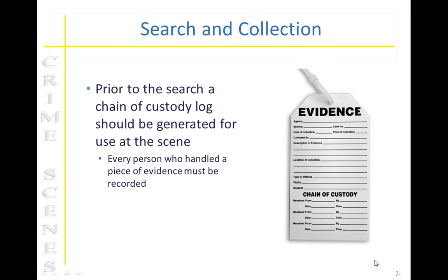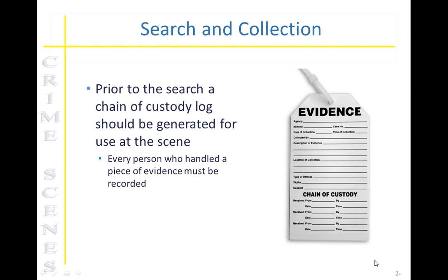For anything that is collected from a crime scene, any physical evidence, it's also necessary to create a chain of custody for that piece of evidence. So usually this is begun by creating a chain of custody log.